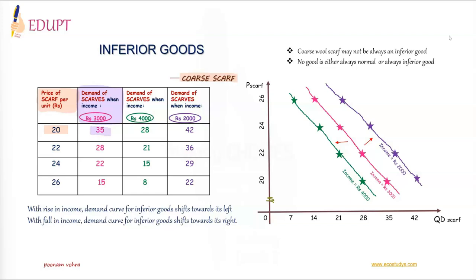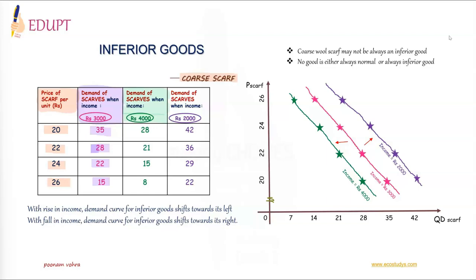As price of scarf rises to 22, to 24 and then to 26 per unit, one finds that demand for scarves falls from 35 to 28 to 22 to 15 units. Now suppose income of the consumer rises to 4000.